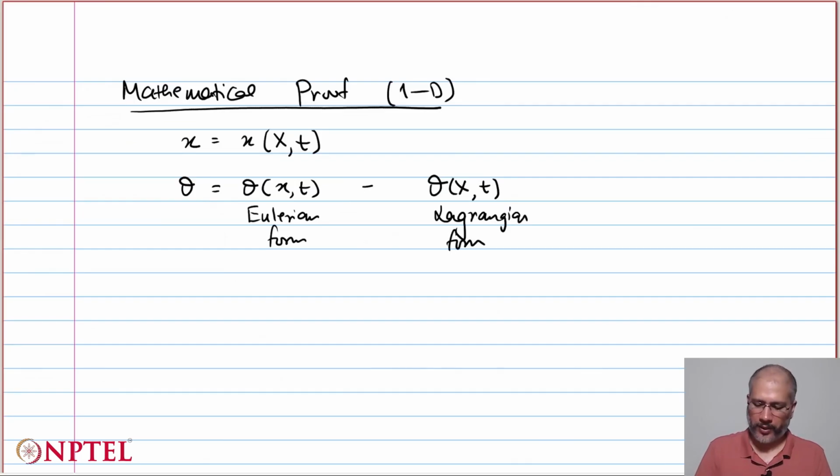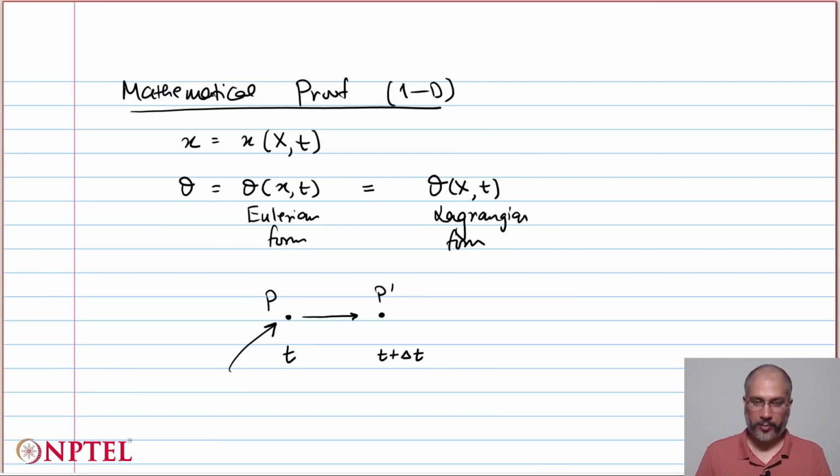And we'll say that these are equal in the sense that, let's say this is a particle P at time t, and then as time proceeds, the particle P moves here, we call it P prime, at a time which is t plus delta t.